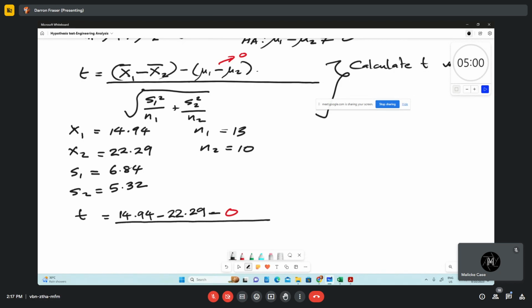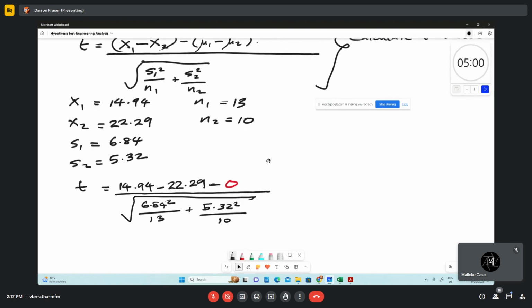Divided by 6.84 squared over 13 plus 5.32 squared over 10. So this is going to be our t value.